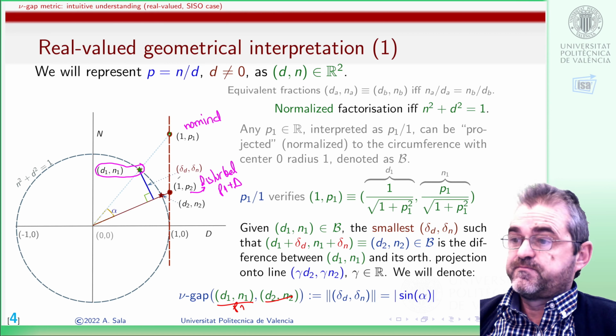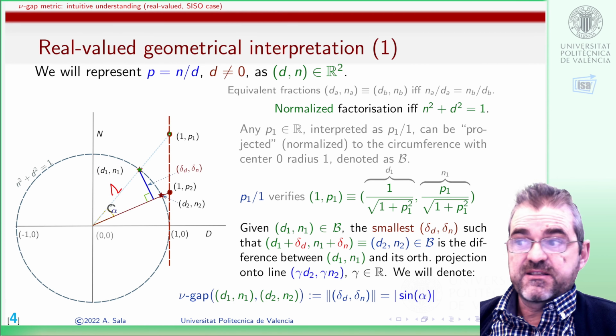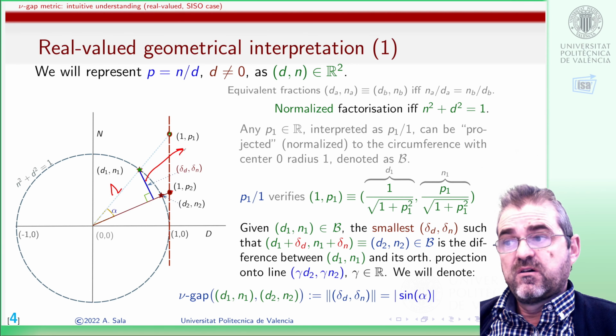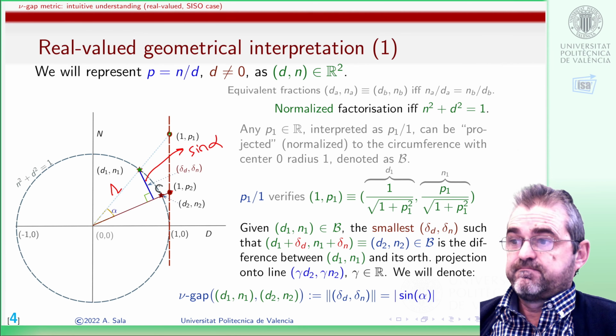As this is radius 1, if alpha is the angle between the two lines that represent P1 and P2, then the length of this segment is the sine of alpha.